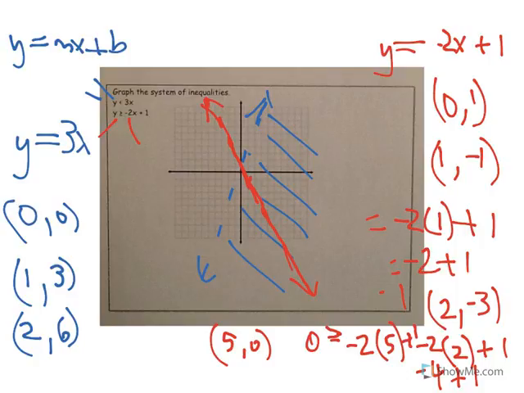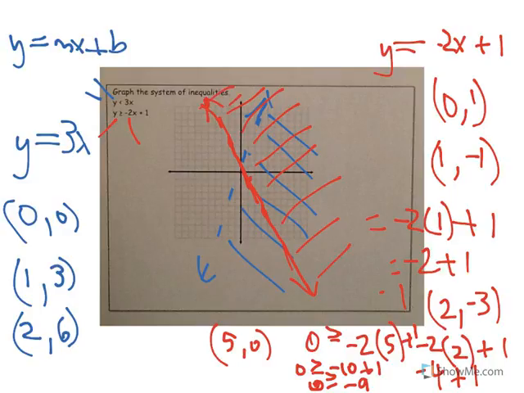Is 0 greater than or equal to negative 10 plus 1? Well, is 0 greater than or equal to negative 9? Yes, it is. So 5, 0 is a solution. So everything on this side here is going to be a solution.